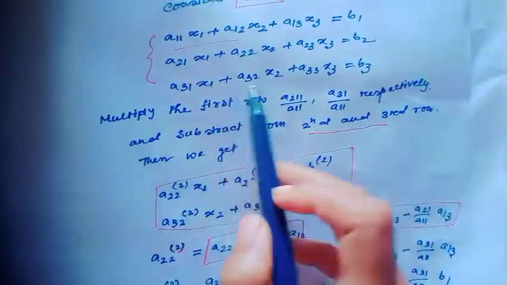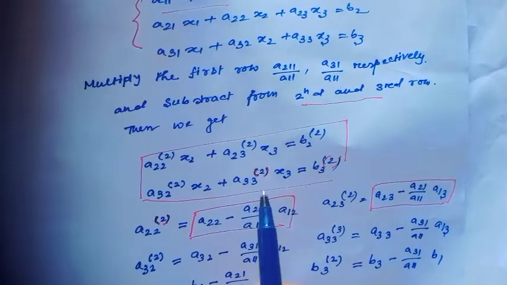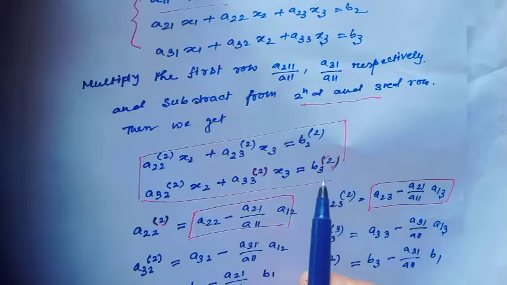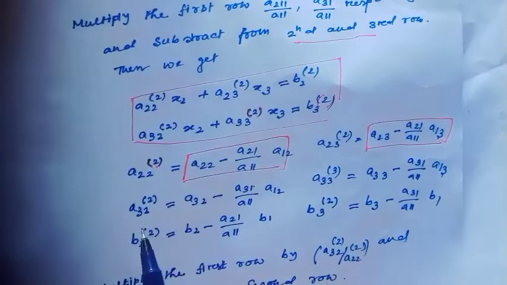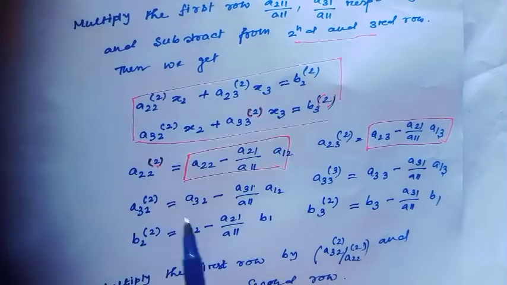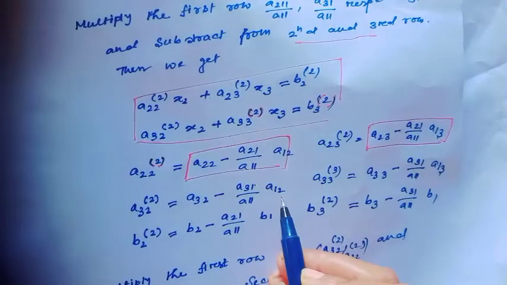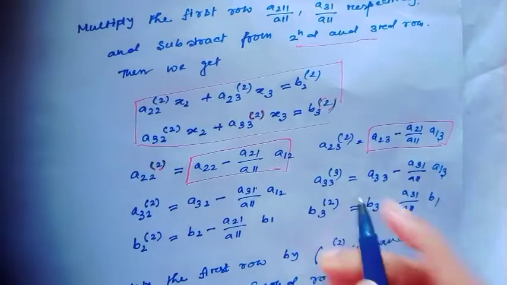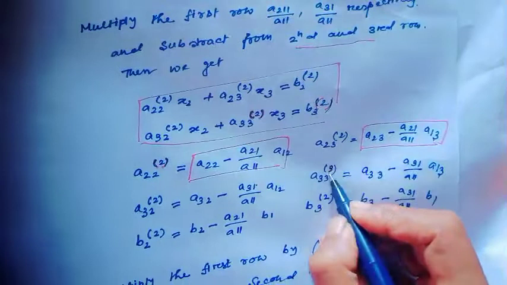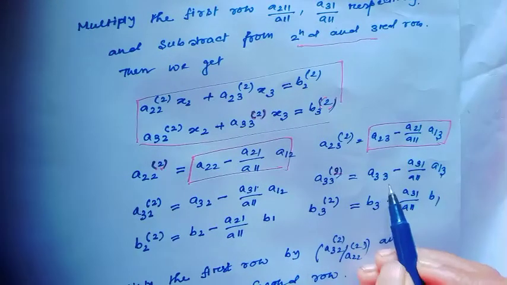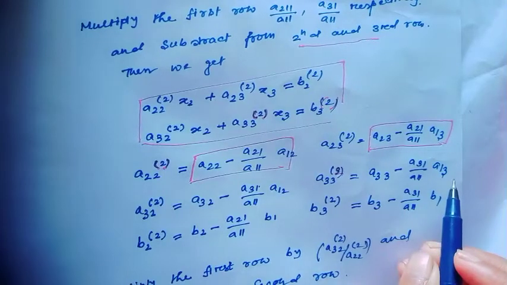The third equation reduces to a32 suffix 2 x2 plus a33 suffix 2 x3 equal to b3 suffix 2, where a32 suffix 2 means a32 minus a31 over a11 times a12 and a33 suffix 2 means a33 minus a31 over a11 times a13.